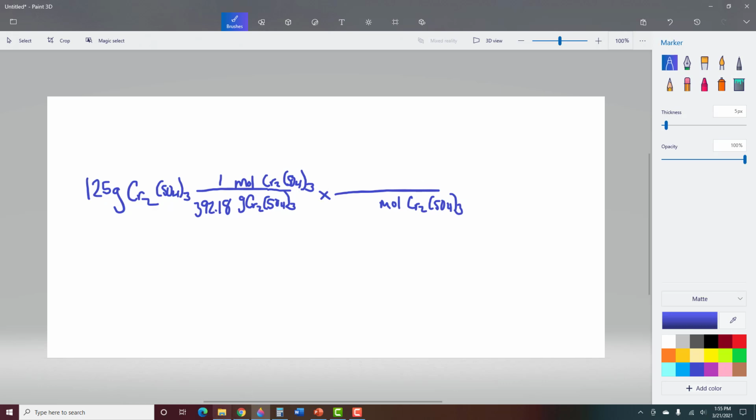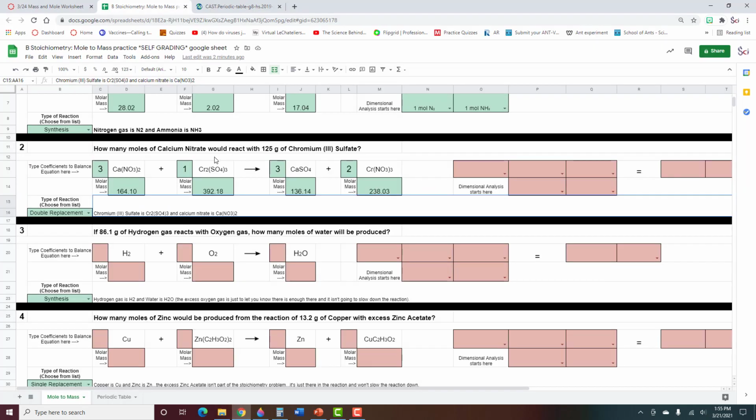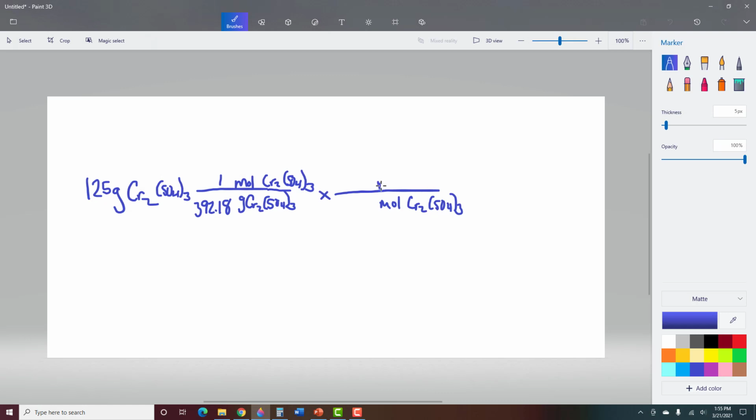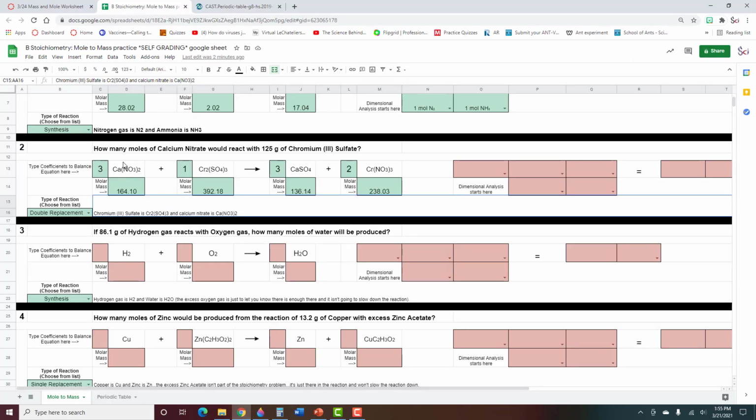And then the top unit is what they asked you for, so it would be moles of calcium nitrate, and calcium nitrate is this one, Ca(NO3)2. So moles of Ca(NO3)2. Moles over moles, so go to the equation to get those answers. This has a 3 in front of it, and this has a 1 in front of it.